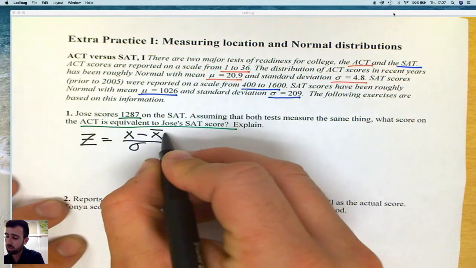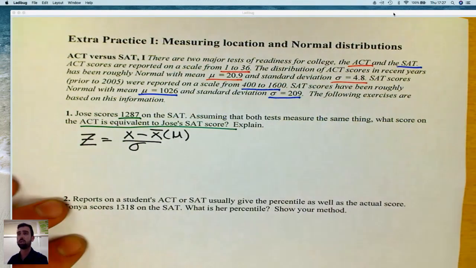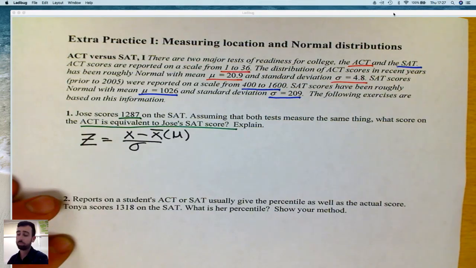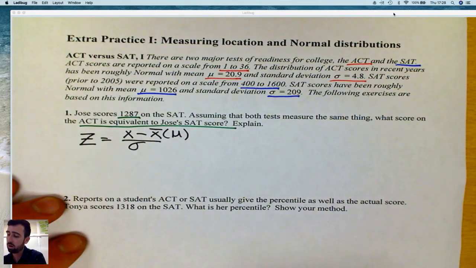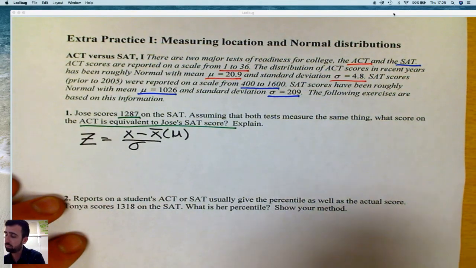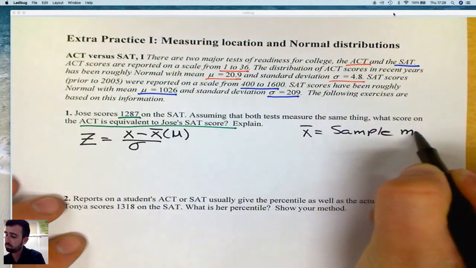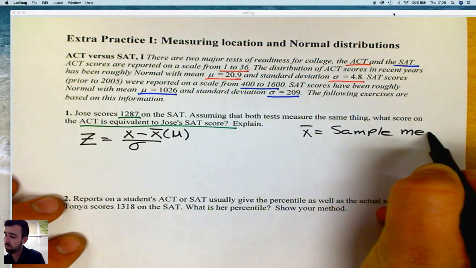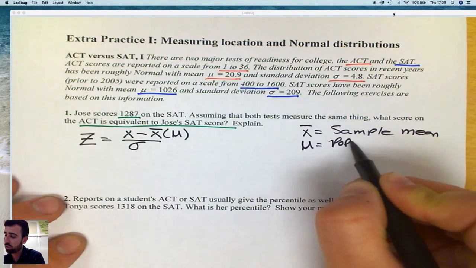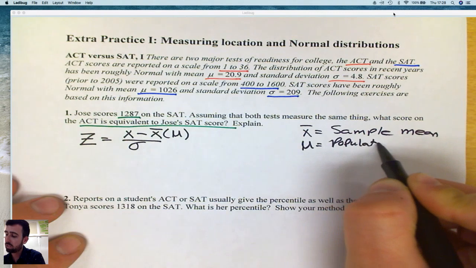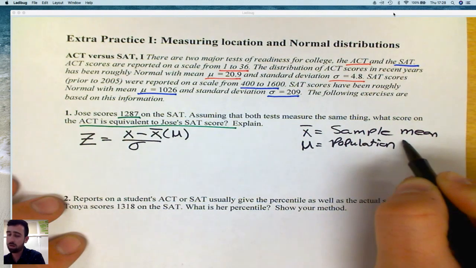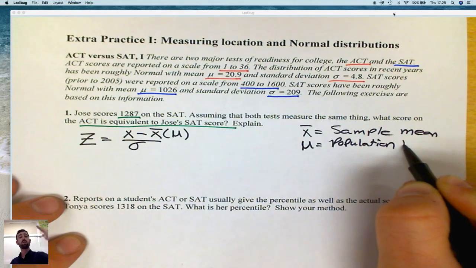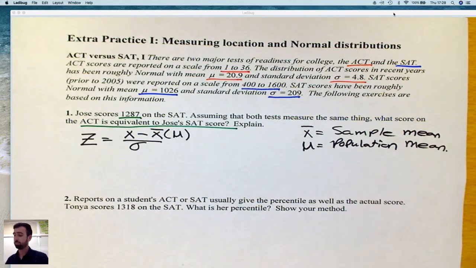And in this case, we know the average of the population, so we're going to call it mu. Remember, x bar represents your sample mean, and mu represents your population mean. That's going to be really, really important on the AP exam, especially the free response section, because if you write the wrong letter, they will dock you points.